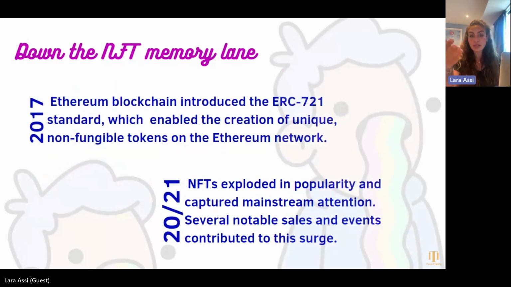Now, in 2017, why was there this explosion? The explosion of NFTs was because of that Ethereum Request for Comment, or ERC, 721 that we were talking about. When the Ethereum blockchain introduced it, they opened that can of worms. Everyone was on NFTs, everyone wanted to start their own project, and it really enabled NFTs to actually be.